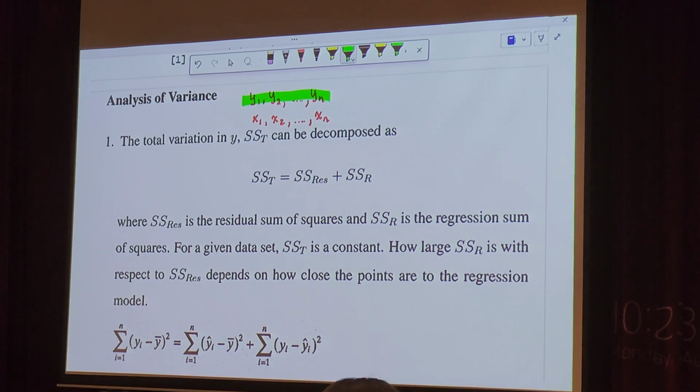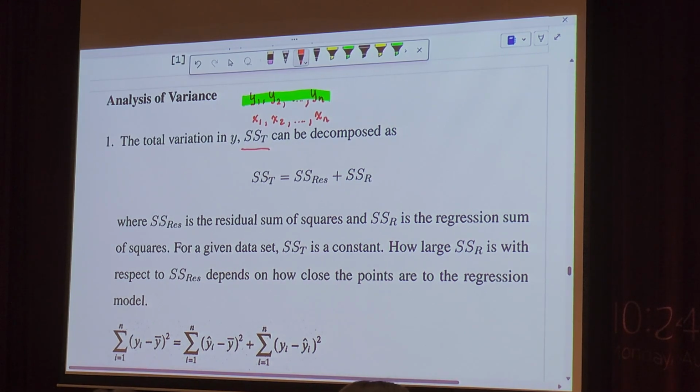So let's go back to the more sensible example, where X is the number of years after graduation. I'm sure there is a variation. So now, we want to analyze this variation. This total variation is called SST.